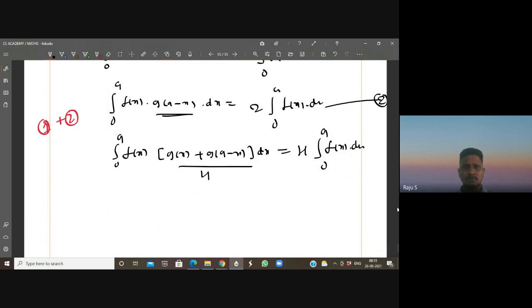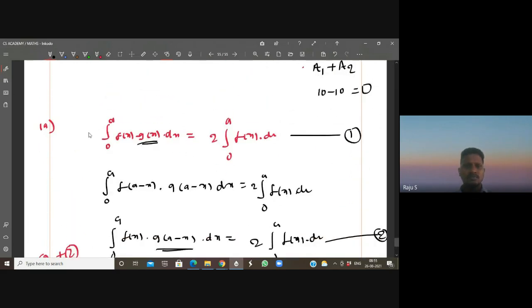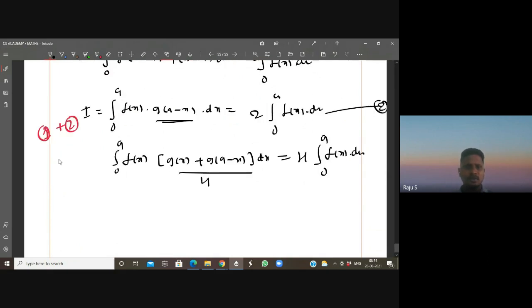Hence we proved, so we'll do one thing, students. This is I, and this is also I. I plus I, so 2I is equal to 4 times integral 0 to a of f of x dx.